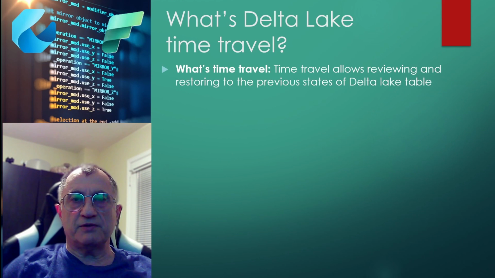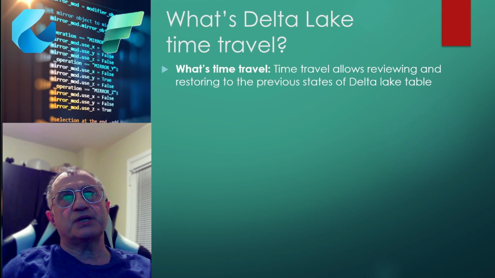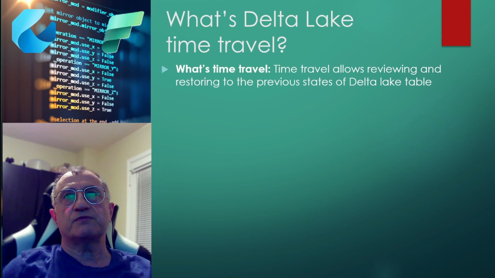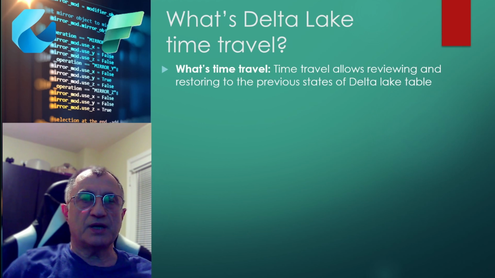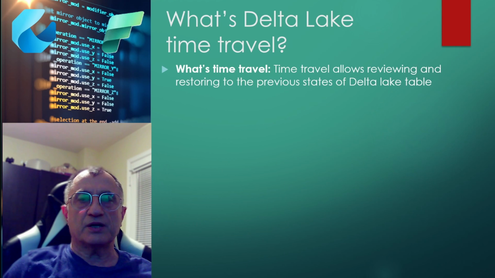So what is the time travel feature and how can you benefit from it? Time travel is based on table versioning, which is one of the core features of Delta Lake technology. To understand how it works, we need to understand how Delta Lake technology handles table updates.